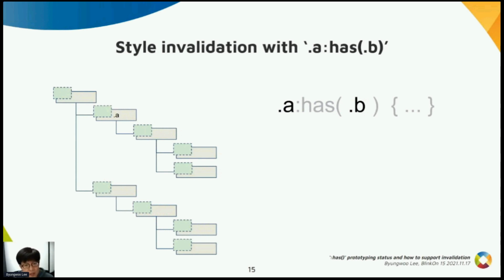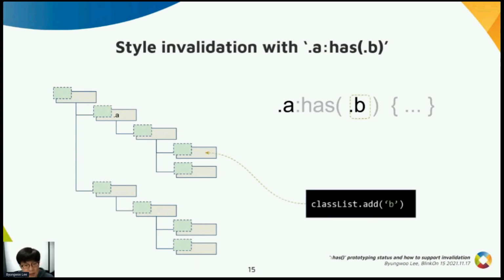A mutation can change a :has state, and the changed :has state can affect the style of other elements. In this case, the :has state is false for all the elements, but this mutation of adding the class value b to this element changes the :has state of its ancestors.